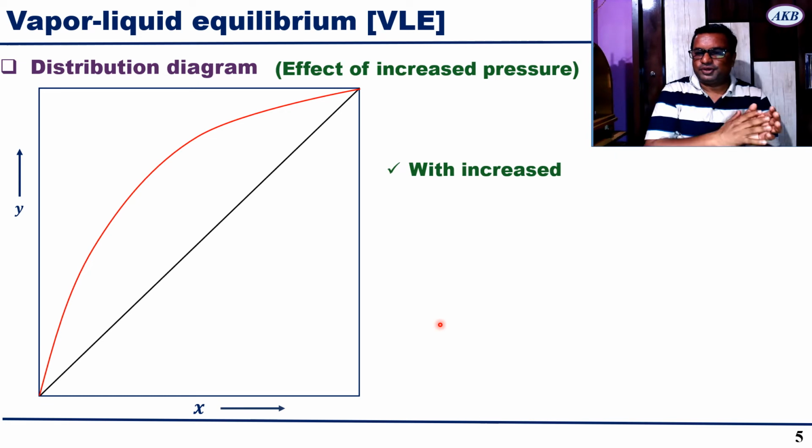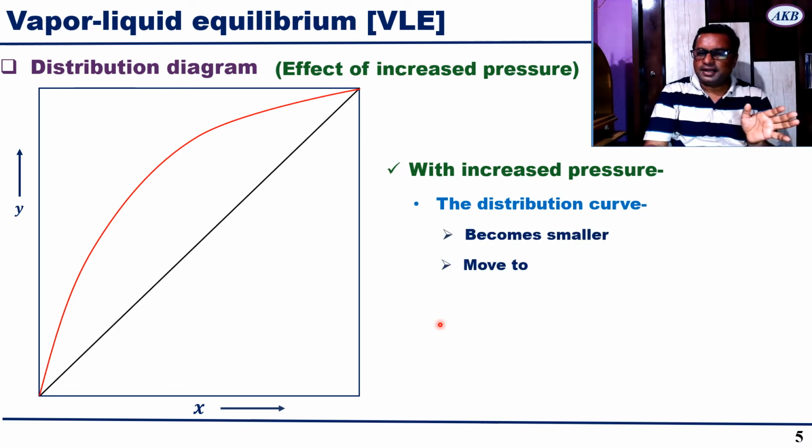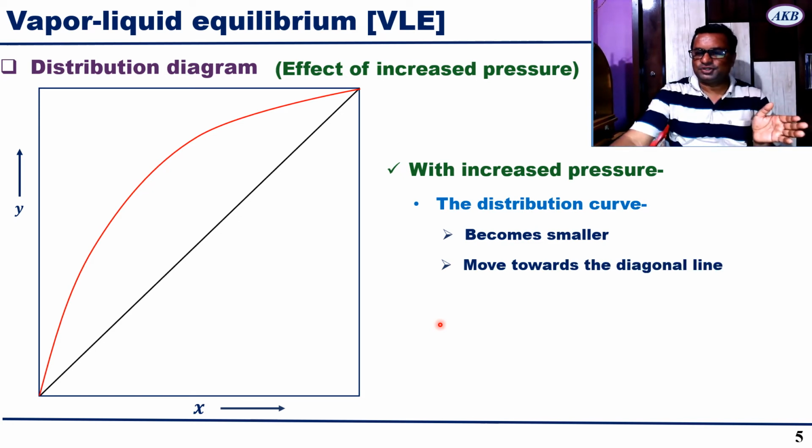So if you increase pressure, what happens? The distribution curve becomes smaller and it moves towards the diagonal. So these two effects are observed. If you increase the pressure, the distribution curve will become smaller and it will move towards the diagonal line.